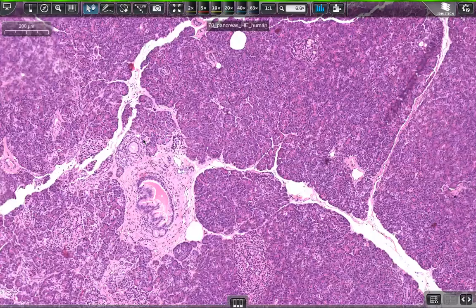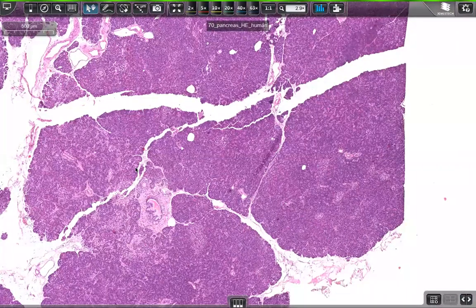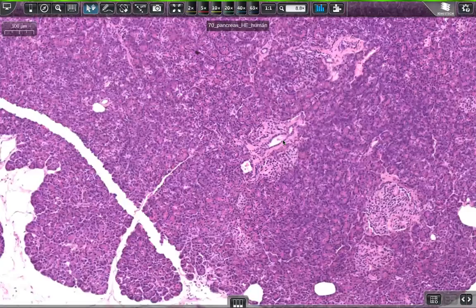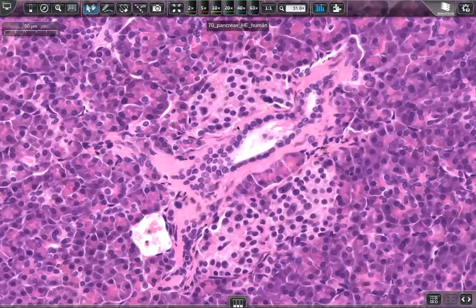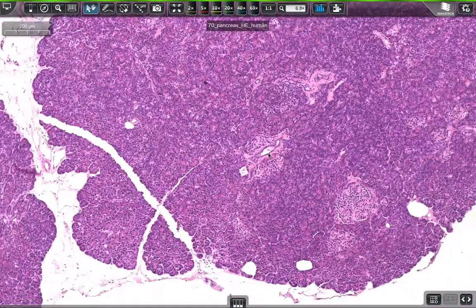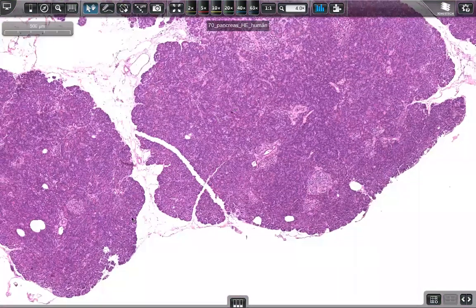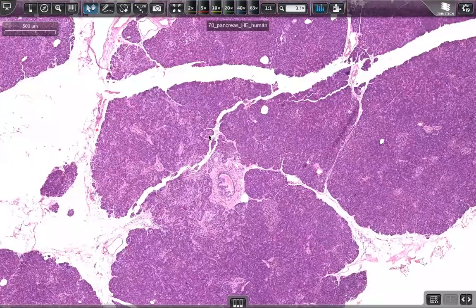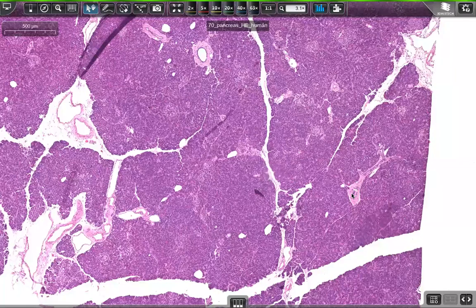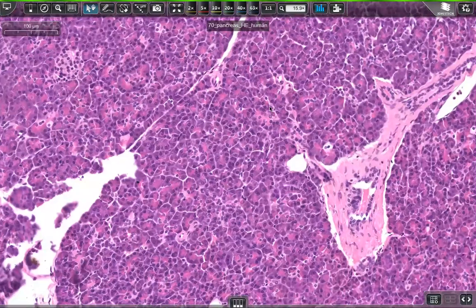Maybe there is another one somewhere here. But it's not interlobular because it's smaller and it's lined by a simple cuboidal epithelium. It's intralobular. But this is another. There.